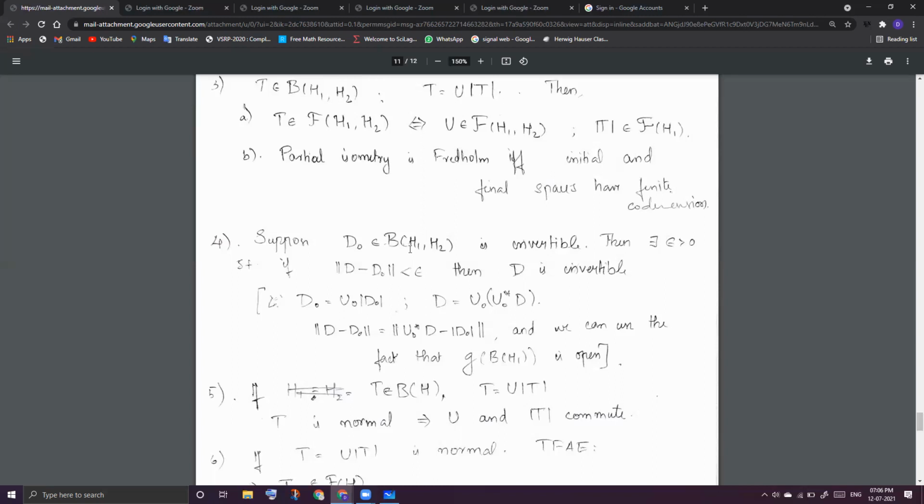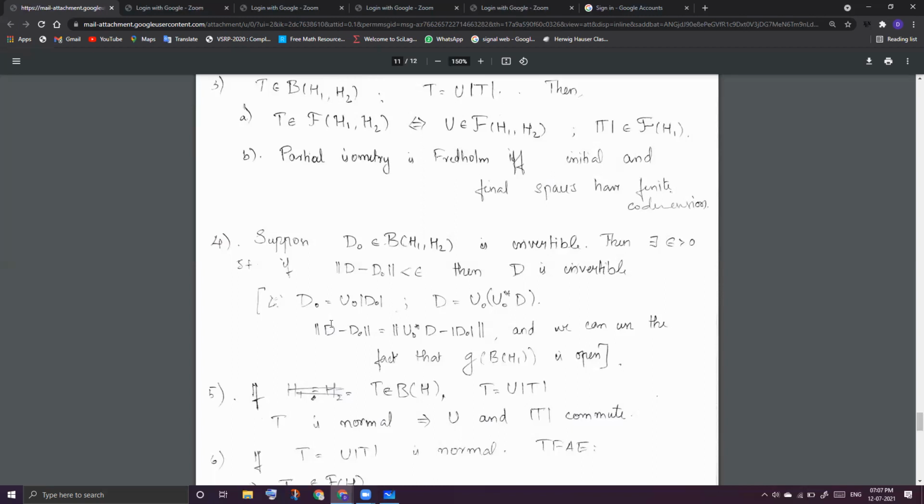Again, an operator from H1 to H2 being invertible: the collection of such operators is open. So there is an epsilon greater than 0 such that if the norm of D minus D naught is less than epsilon, then D is also invertible.